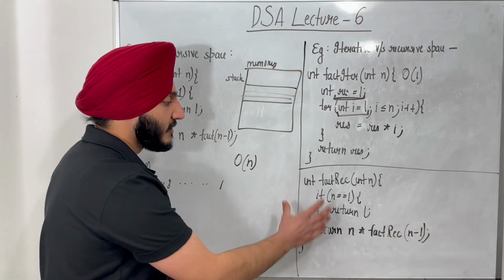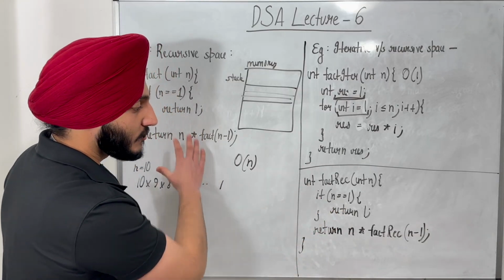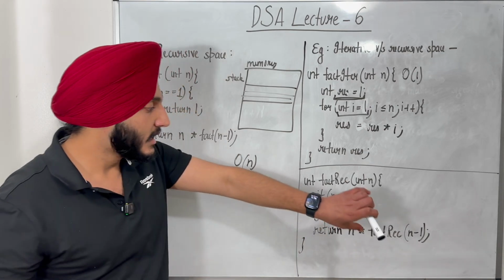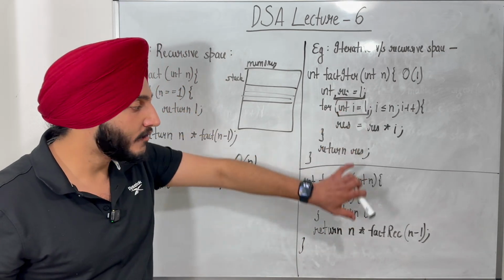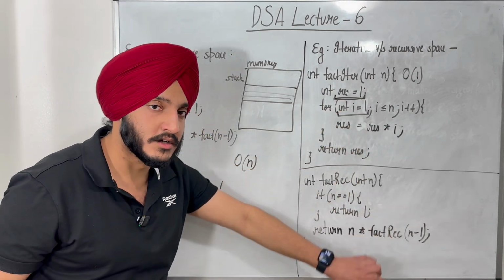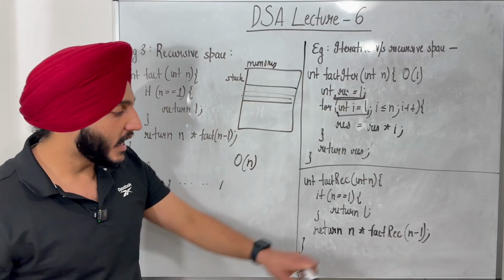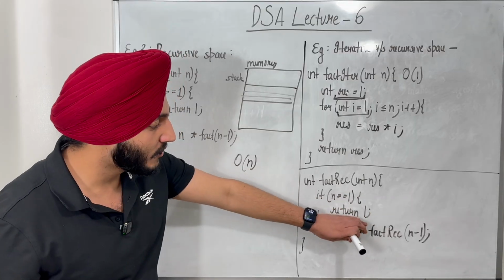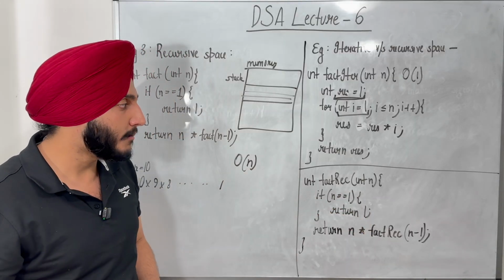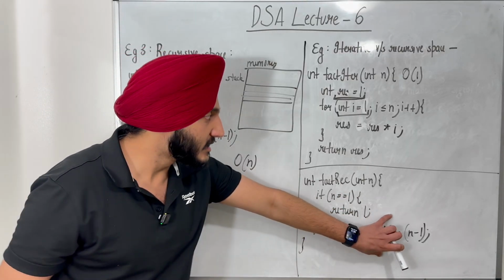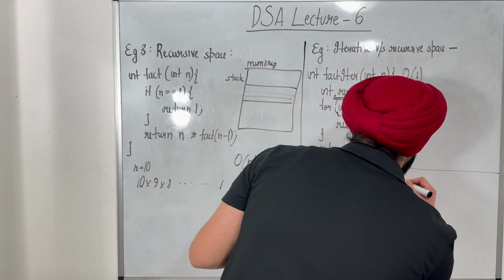Now let's take a look at this function over here. This is the same as this one. The difference is that this is doing the same thing, however, it's actually doing it recursively, meaning it's calling itself again within the function. And it's going to stop when n is equal to 1. So why is this one taking order of n?